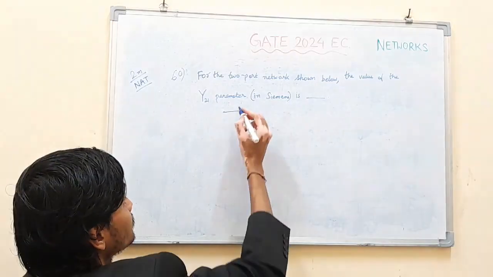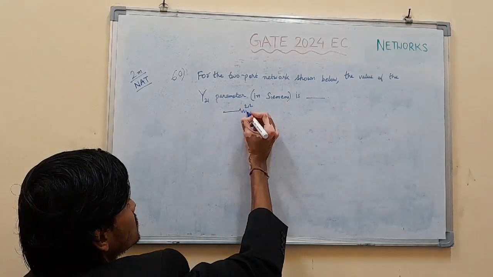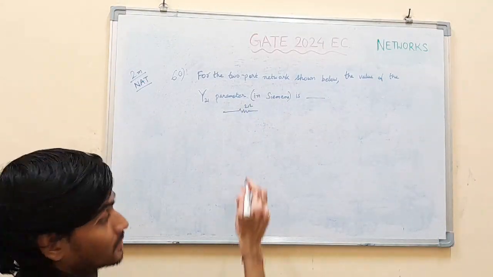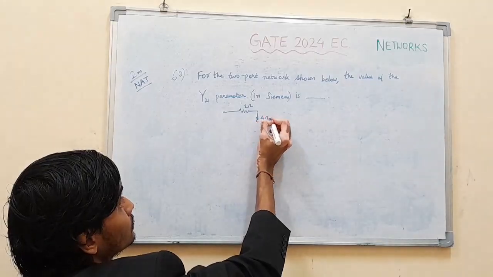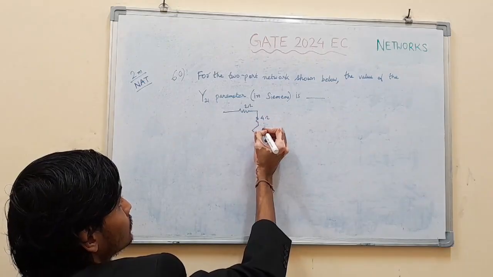This is 3 ohms, right? So how much current will this be? This current is I1, and this current is I2. So I1 will be Vx upon 3, right?